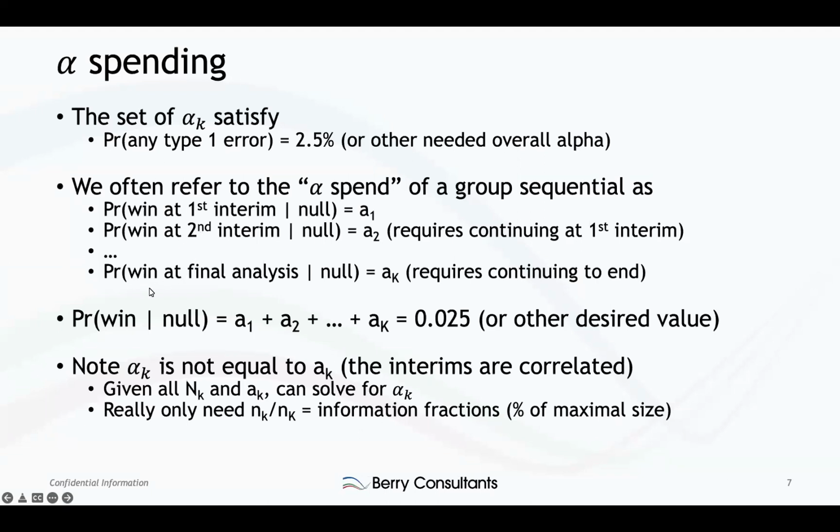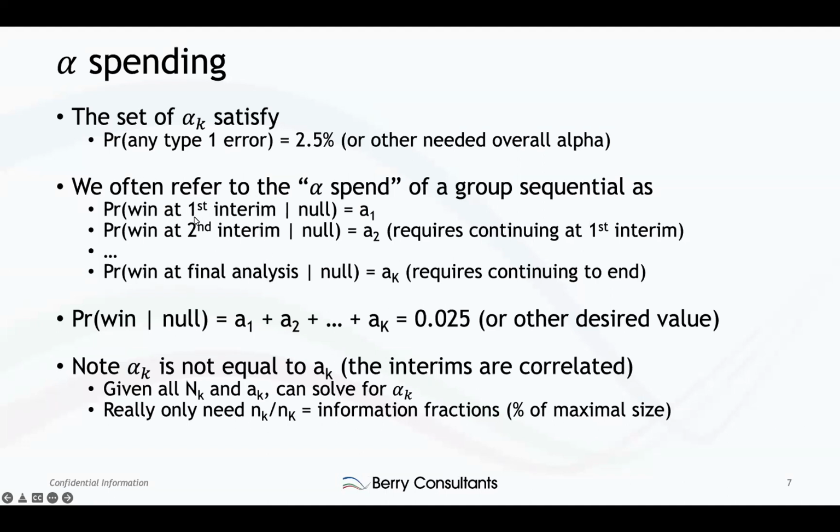And keep this going until finally you get the probability of the win at the final analysis, which of course requires you to get to the final analysis. So you will have had to lose all of the interim analyses prior to that. Let's give this a value of AK. Now, the advantage of this alpha spend formulation is these are discrete events.